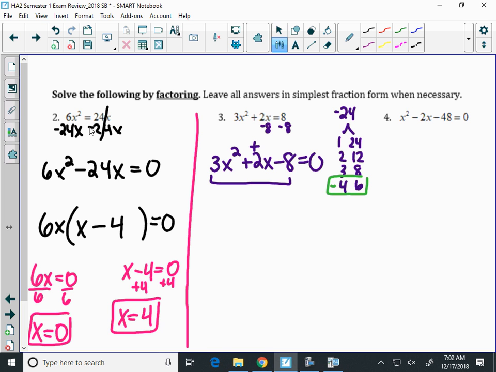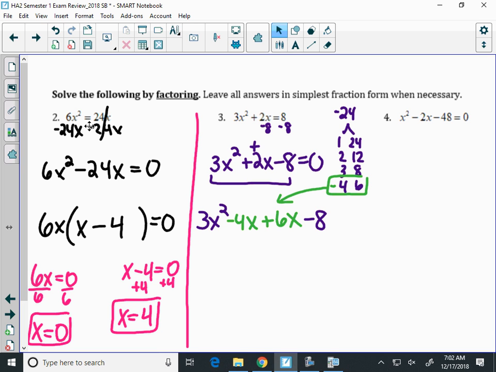So what you have to do is you now need to split the middle. That means that the first and the last term come down. They don't change. But the middle term gets split up into the 2 values we just chose. And what we do is you group. So you put the first 2 in a group and the last 2, and you look for a GCF for both groups there.